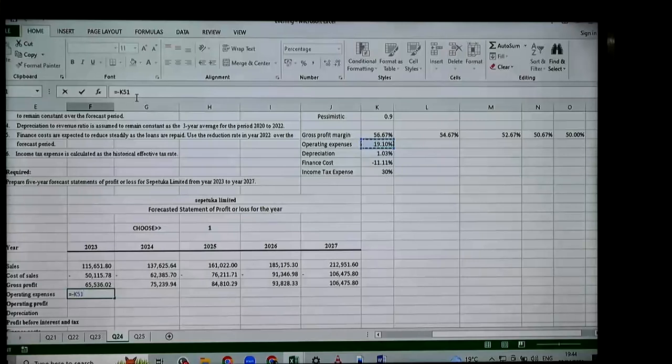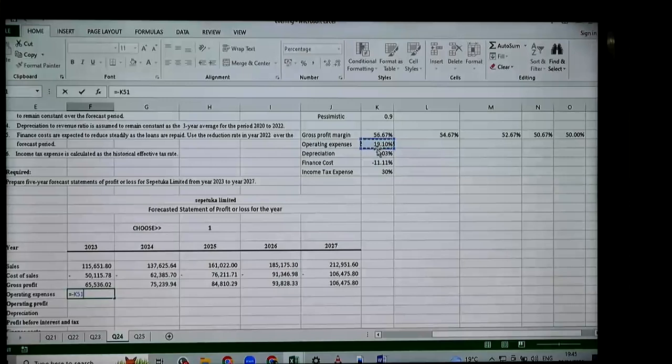I don't know why people are saying that this forecasting is very simple. Like you see, I've started with a negative sign.